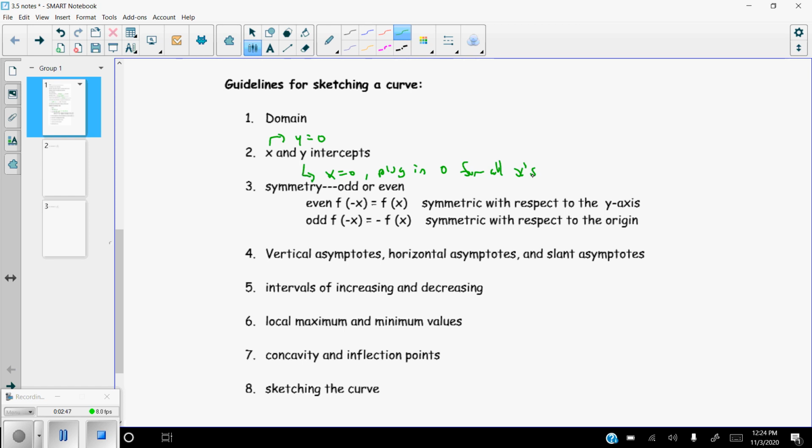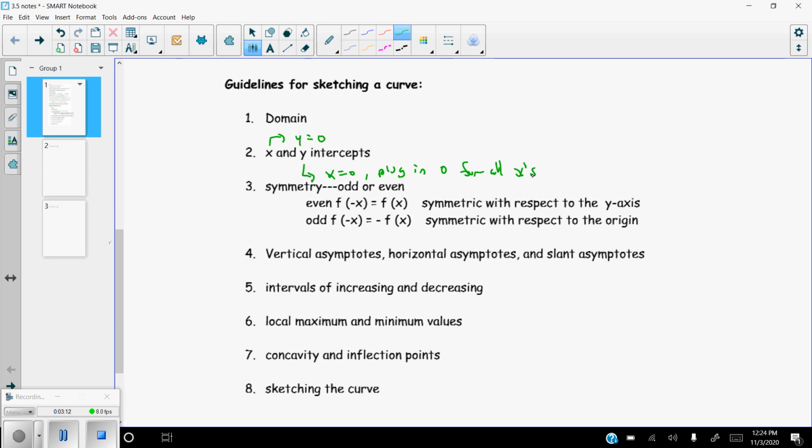Symmetry. If we can do symmetry, it does help. It's not essential, but it does help. Remember that an even function means that f of negative x is the same thing as f of x. In other words, it doesn't matter if I plug in the positive or the negative x value, it's going to give me the same y value. And an odd function is that f of negative x equals the negative of f of x.